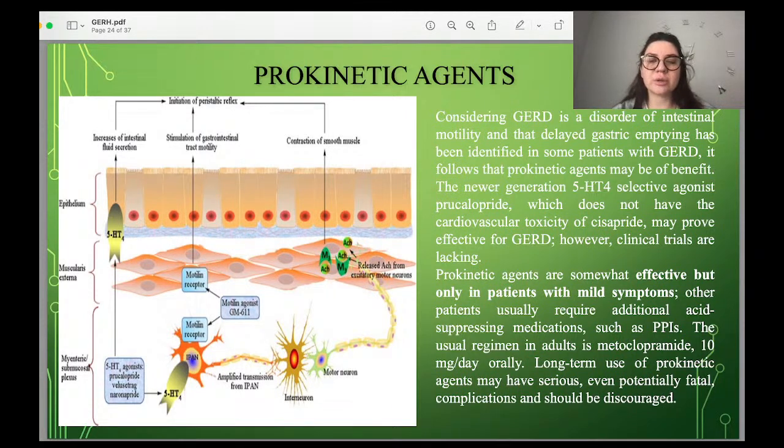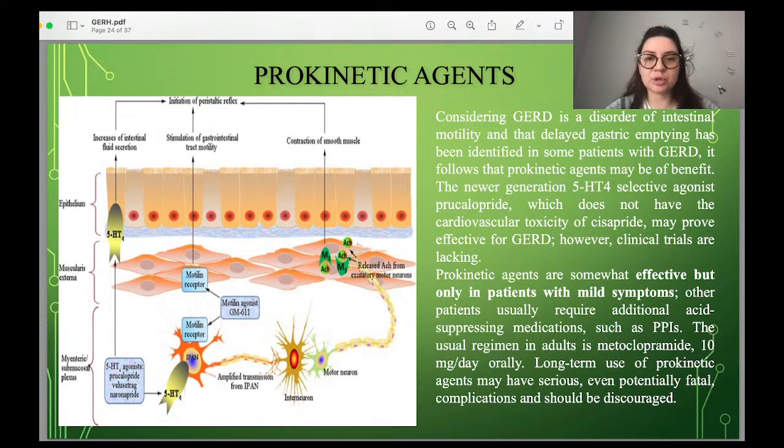The newer generation of 5-HT4 selective agonists like prucalopride, which does not have the cardiovascular toxicity of cisapride and other groups, may prove effective for GERD, but it's just being investigated. Clinical trials are lacking, they are not finished. That's why we are waiting for a better drug.